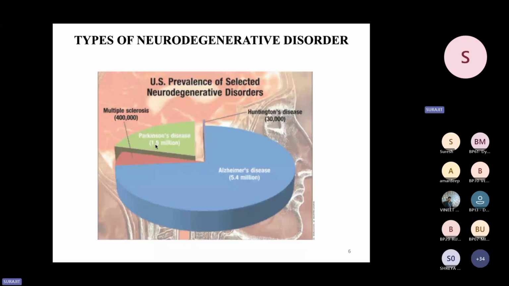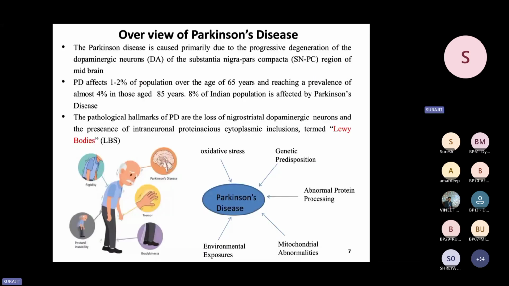So, what is Parkinson disease? Parkinson disease is primarily a progressive degenerative disorder. It was first identified by James Parkinson, and it is mainly caused by the progressive death of the dopaminergic neurons in the substantia nigra pars compacta region of the midbrain.